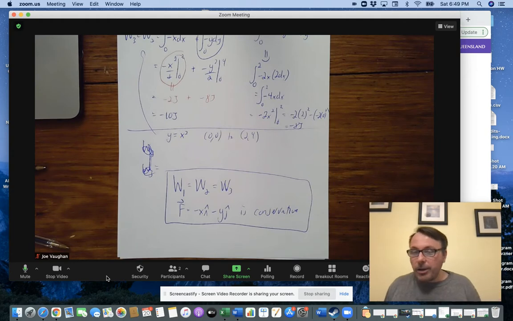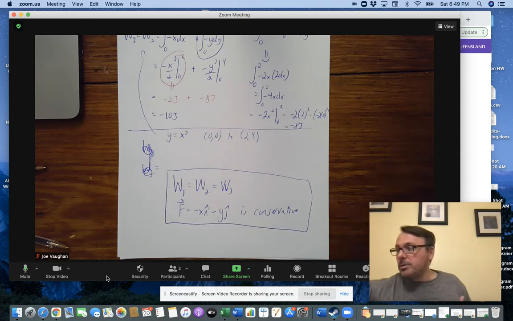We could do this by creating an arbitrary path between the 2 points. I don't even have to have them be stated points. I could have them be a comma b and then c comma d, and then write my equations for my path in terms of those as well, right?